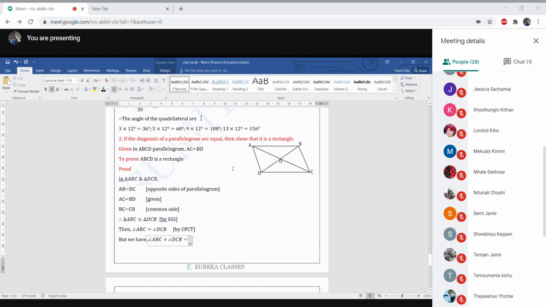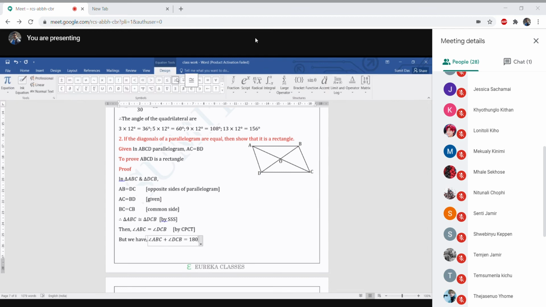Check only what is being said. It says that ABCD is a parallelogram, right? That means AB and DC are parallel, right? So what kind of angles are they? Interior angles on the same side of the transversal, right? So the sum of these two will be 180 degrees.